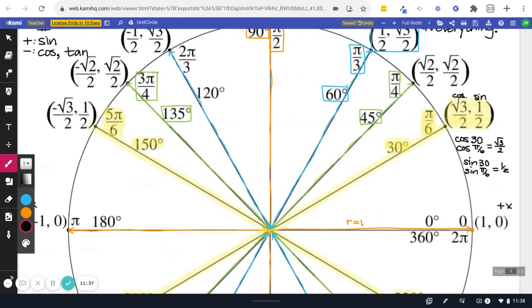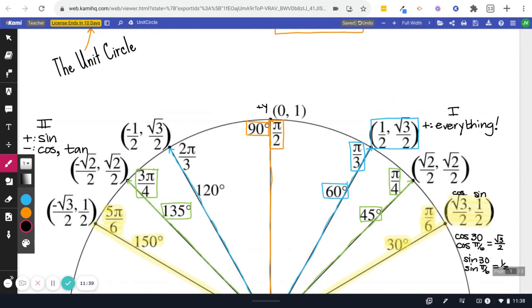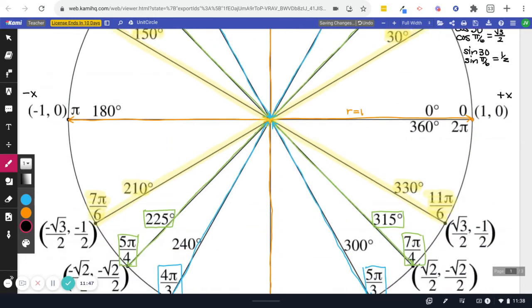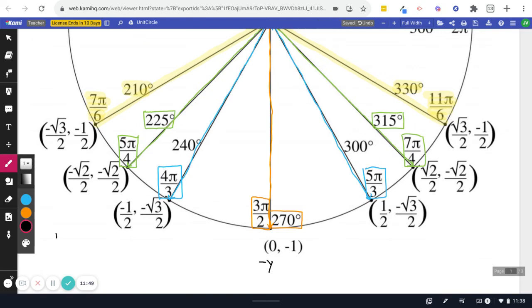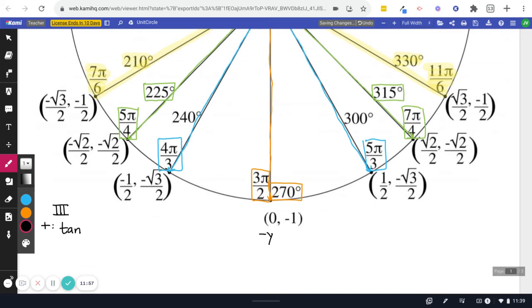Down here, maybe I should add this in here, all the ordered pairs in Q2 are negative for x, positive for y. In the third quadrant, tangent's positive, but because of where we're living, sine and cosine are both negative, right?